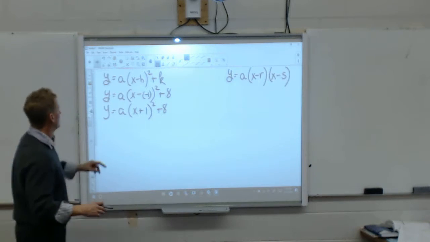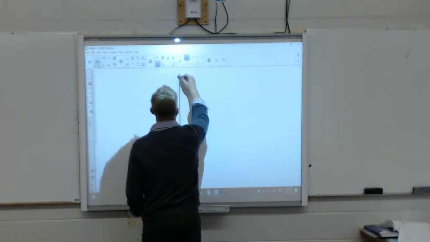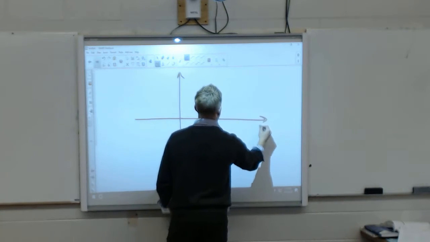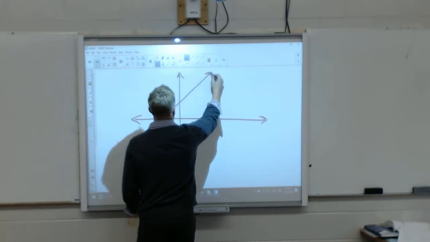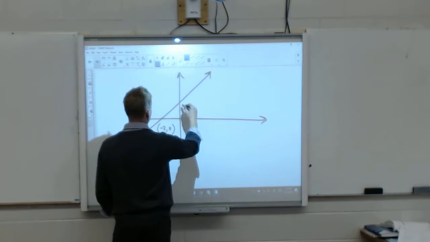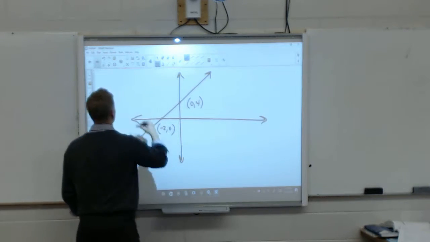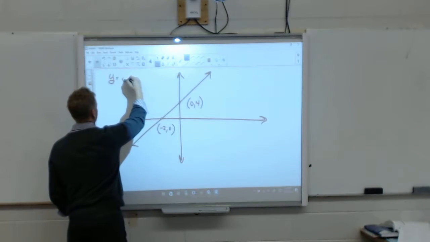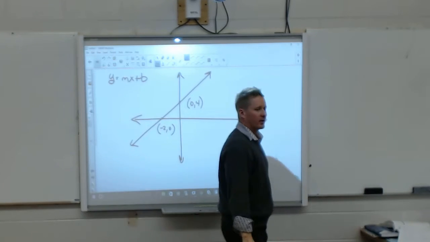All right. Take 2. From that graph, what can I find first?